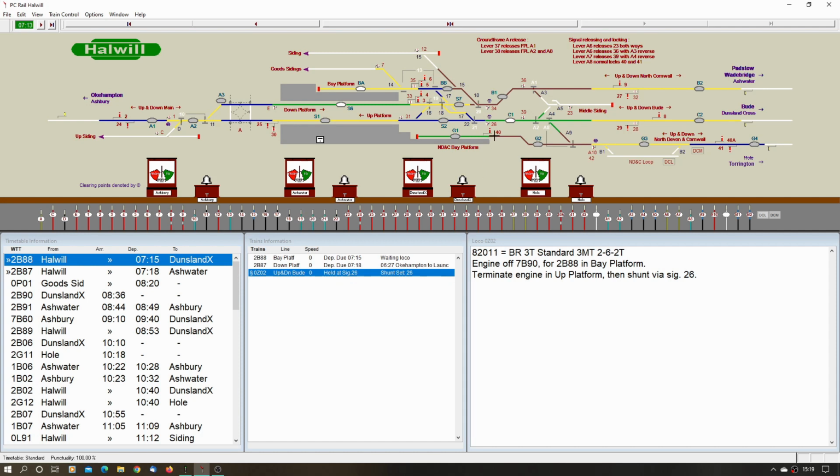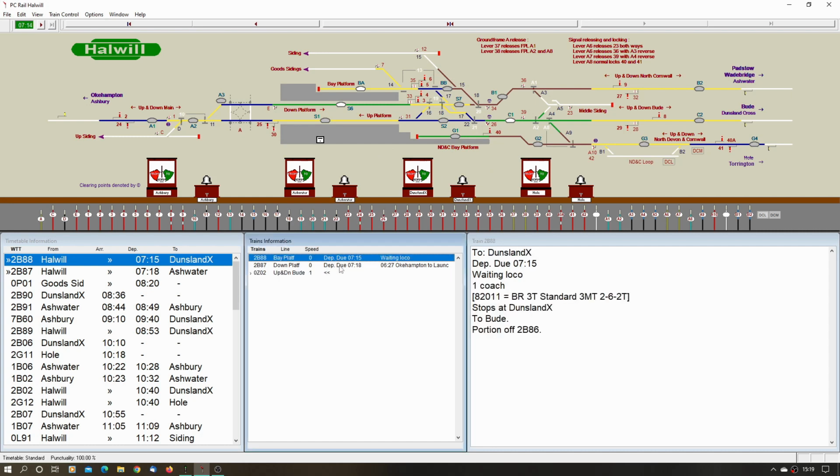I'm going to just lock everything up and clear 26. Right, so he's due in 1 minute. So I say, by me messing about there, this is what's causing the delay. Oh, the Bay platform.